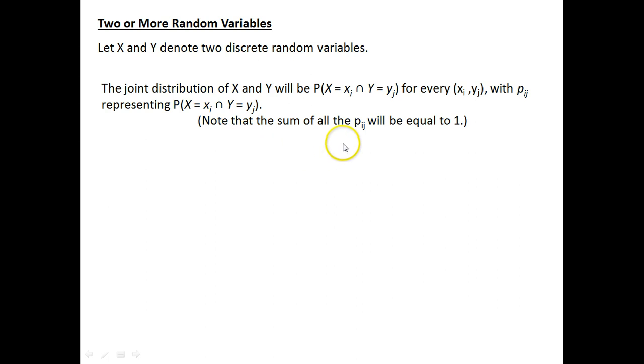And note that the sum of all the p_ij's, over all i's and j's, will equal 1. All the probability will add up to 1 for the joint probability.